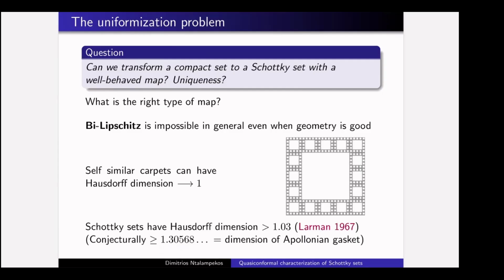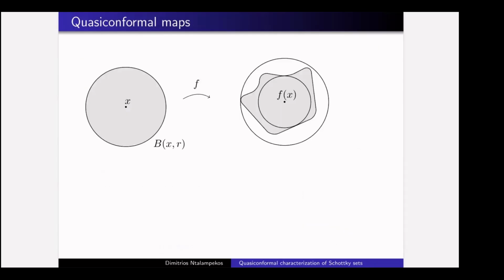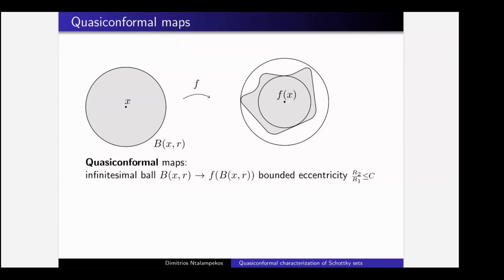All right, so the next type of map to look for is, of course, quasiconformal maps. I know I don't have to give the definition in the Quasiworld seminar, but okay, let's just give a slide. So a homeomorphism between open subsets of the sphere is quasiconformal if it maps infinitesimal balls to infinitesimal Jordan regions that have bounded eccentricity, in the sense that we can find two concentric balls.